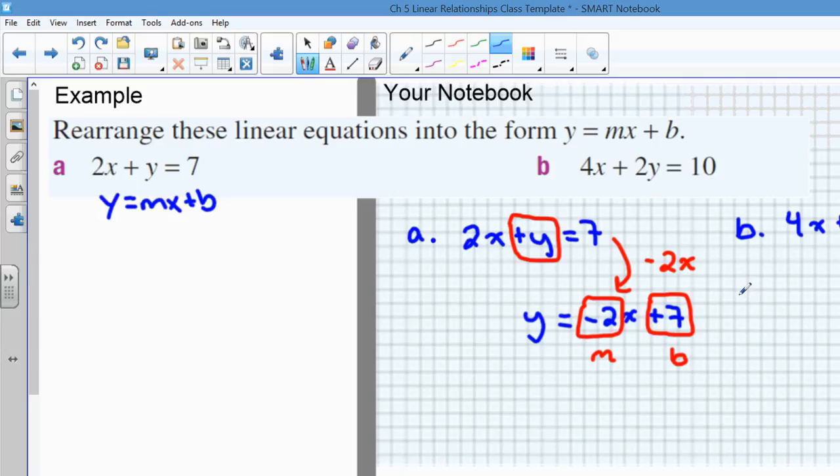Negative 4 divided by 2 is negative 2, and I have to keep the x. 10 divided by 2 is 5. But now, since I went through that process of solving the equation for y, again, I can identify my gradient and my y-intercept. And if I can do that, I can graph it. All right? I will see you guys next time.